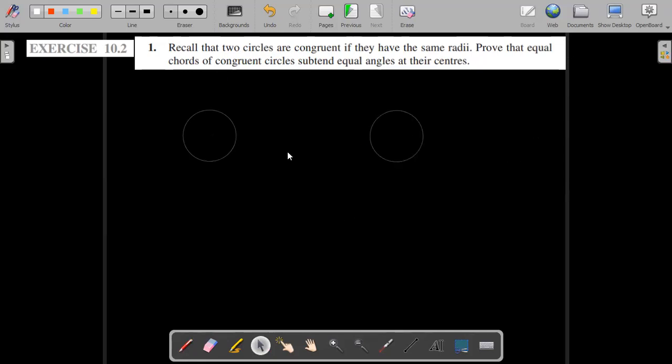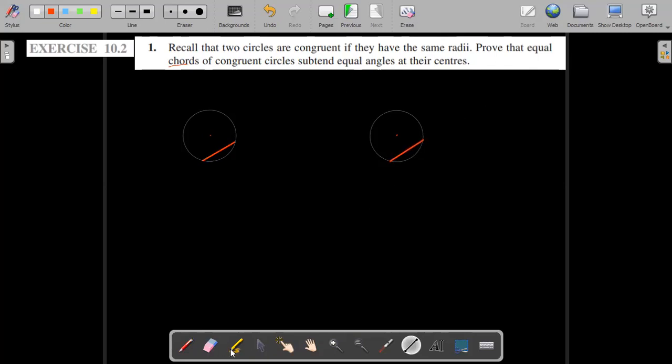So these are two congruent circles. They have the same radii, but different centers. Suppose this has a center here, so the other will have a center here. And we are to prove that the equal chords subtend equal angles. So it has one chord whose length and the length of this chord are both equal.